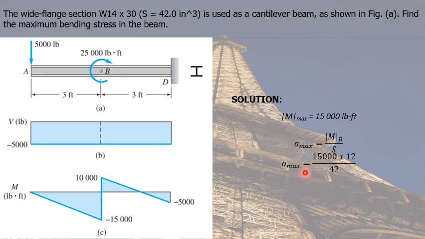Our M, the absolute value of our M, is 15,000, and to convert pound-feet into pound-inch, we multiply by 12. And the section modulus of the section is given in the problem as 42 cubic inches. So calculating, the maximum bending stress of the section is equal to 4,285.71 psi.